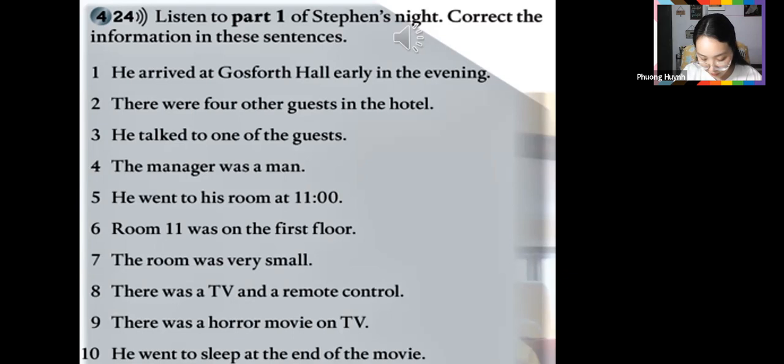There was an old TV on a table, but there wasn't a remote control. I turned on the TV. There was a movie on. I was happy to see that it wasn't a horror movie. I decided to watch the movie, but I was tired after my long trip, and after half an hour, I went to sleep.